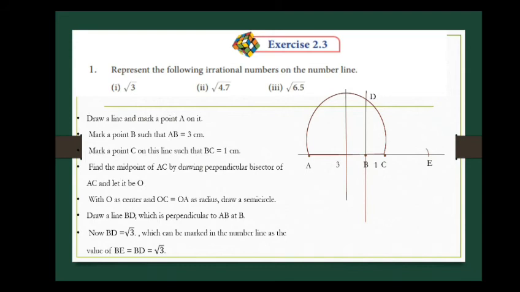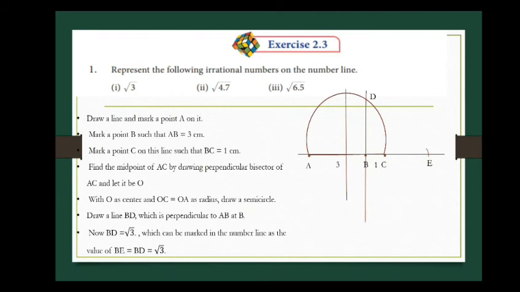Then with B as center, we have to draw a perpendicular line which intersects the semicircle. Where the perpendicular line intersects the semicircle, we take it as D. The length of the line segment BD will be root 3. That is how we have seen how it will be root 3.